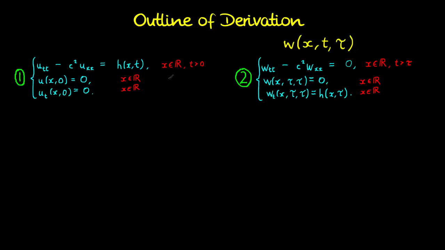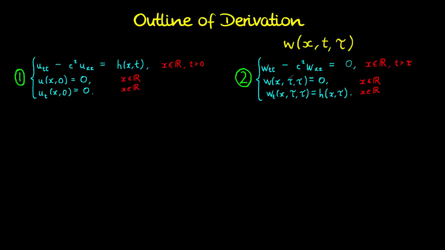This problem is subtly different to problem 1. First of all, the wave equation is homogeneous. It was inhomogeneous for problem 1, it's homogeneous for problem 2. And this is going to be defined not for t greater than 0, but for t greater than some parameter tau, which is the third argument of the function w.